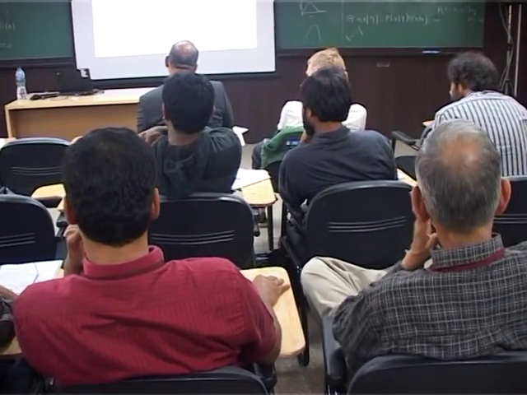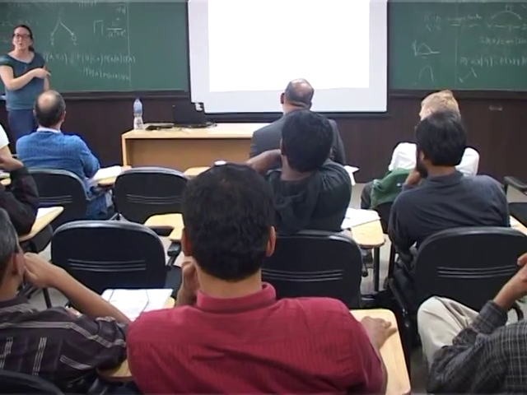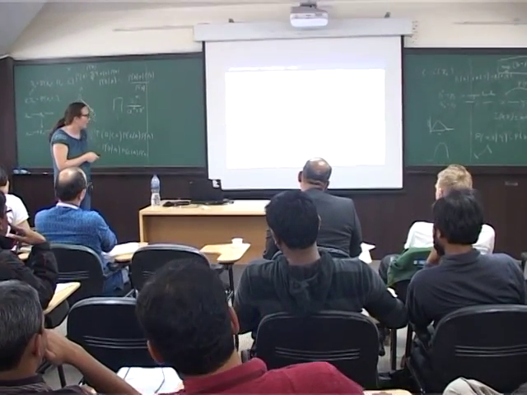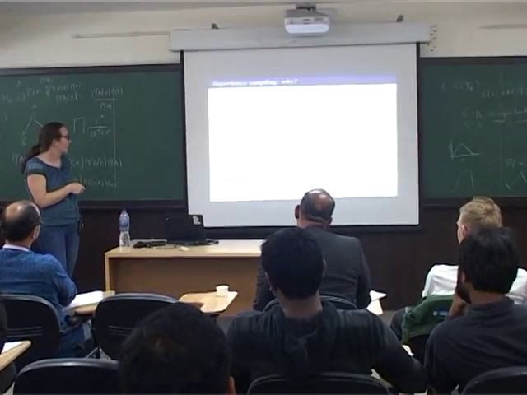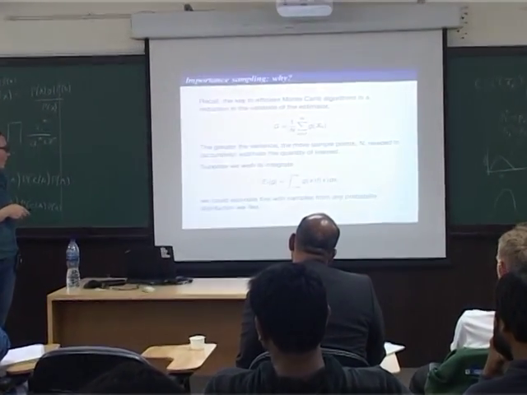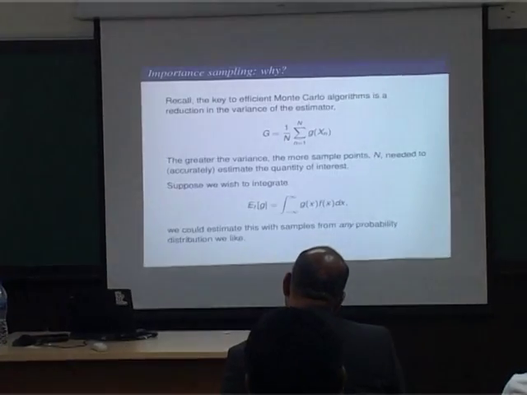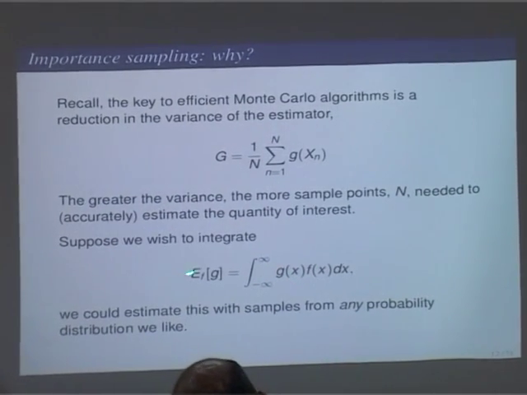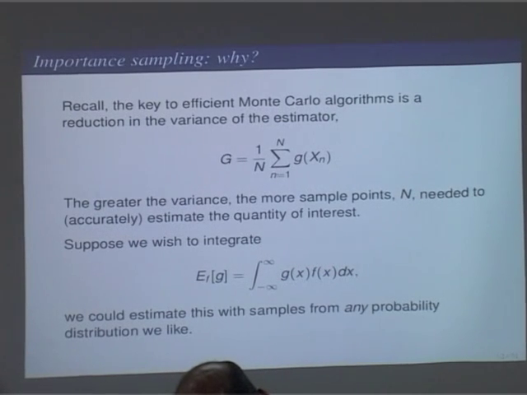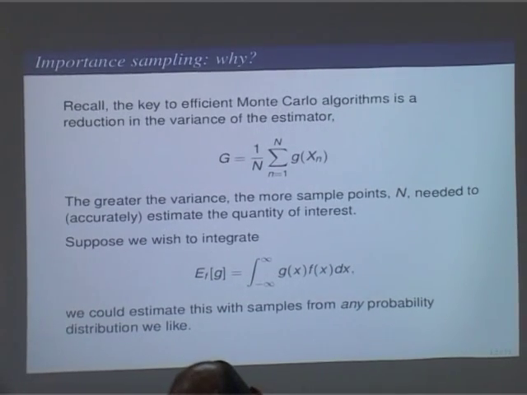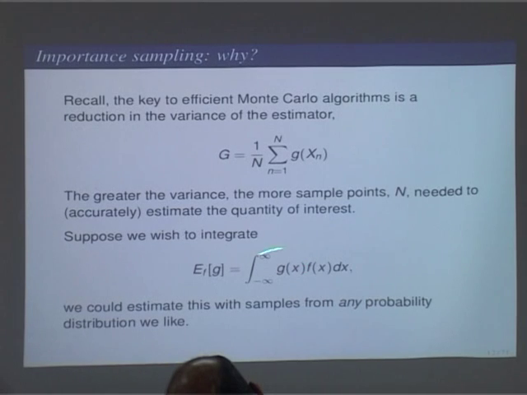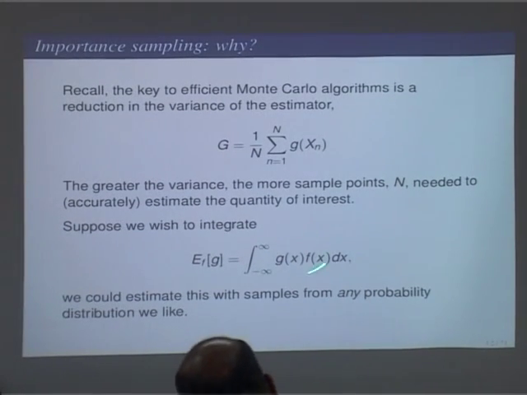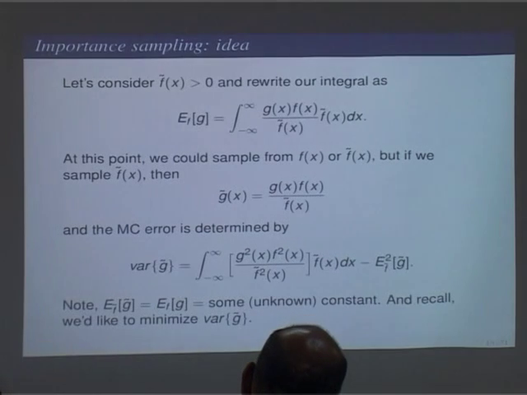I think that idea will come up more as I go. The idea though is we can break this integral up however we like. Even if it's given to us as some probability, some expectation, we can break this up however we like.